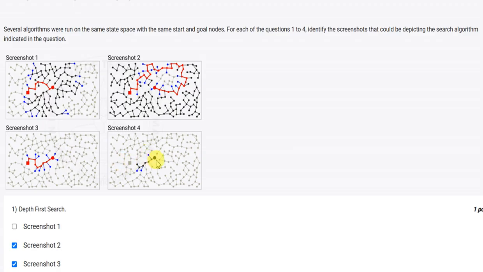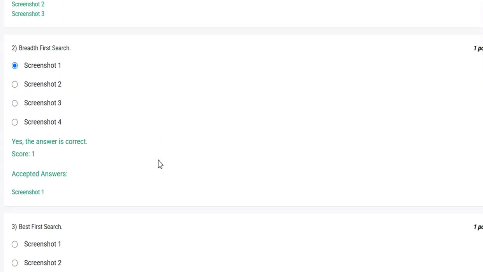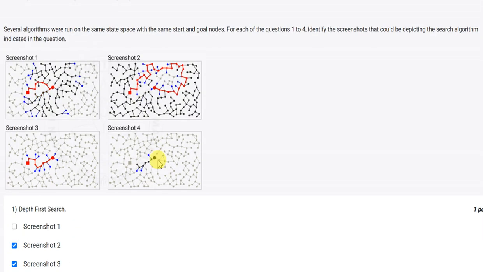And this will be called hill climbing because, however it is also goal oriented, it is trying to find a goal but it will not find the optimal solution and it is just stuck in the local minima.